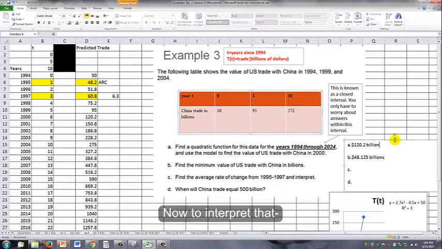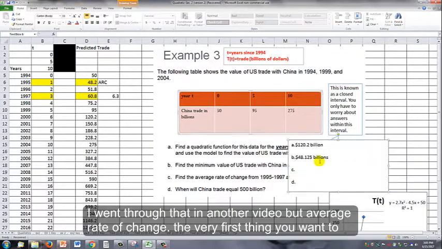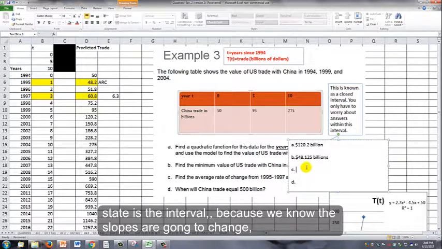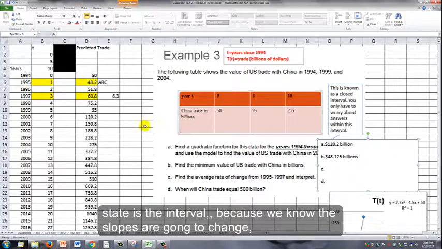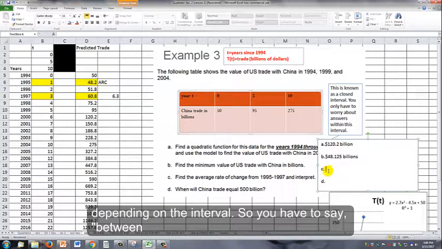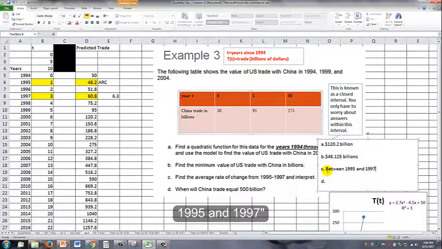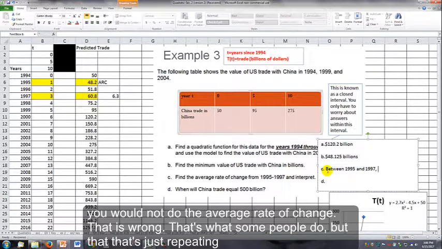Now to interpret that, I went through that in another video, but average rate of change, the very first thing you want to state is the interval, because we know the slopes are going to change depending on the interval. So you have to say between 1995 and 1997. You would not say the average rate of change. That is wrong.